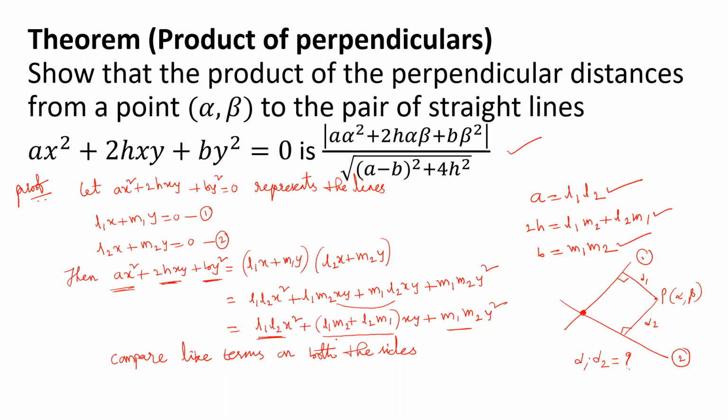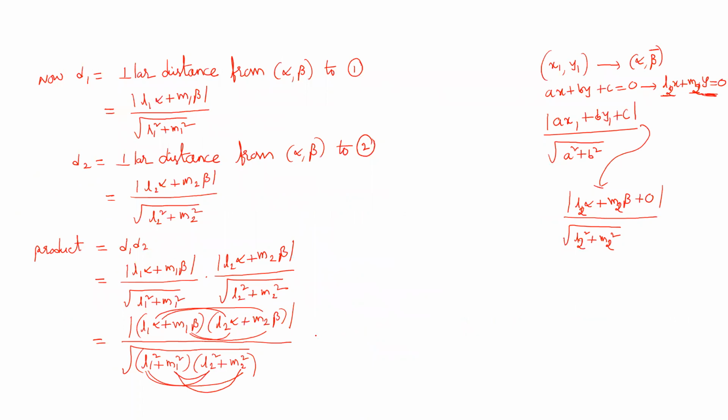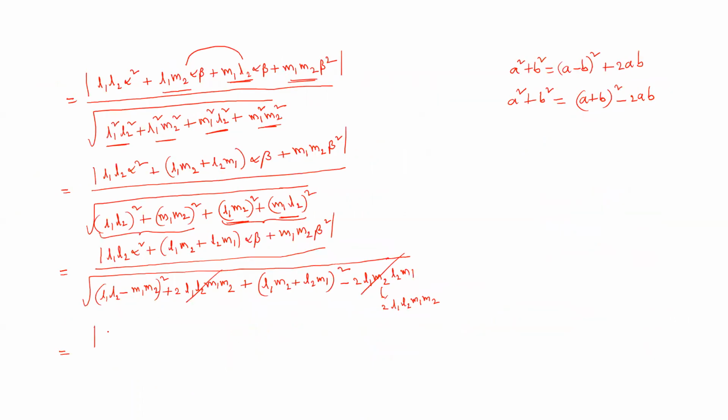M1 M2 can be replaced by B. So here L1 L2 is a, alpha square plus L1 M2 plus L2 M1 is 2H, alpha beta, M1 M2 is B, beta square, by root of L1 L2 minus M1 M2 whole square, a minus b whole square, plus here it is 2H.